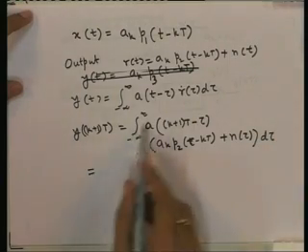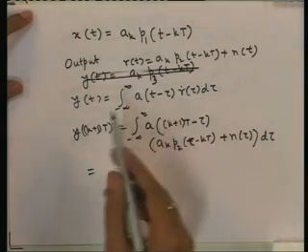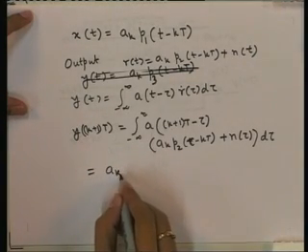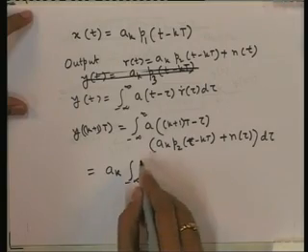So this is the sampled version. y(t) is this, but we are sampling at (k+1)T.